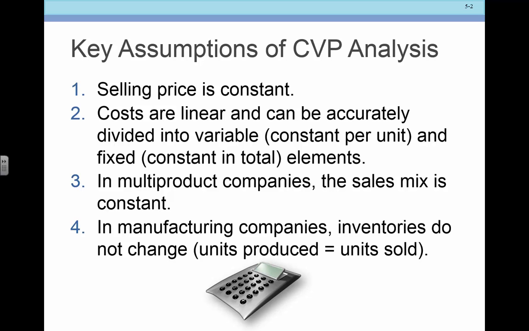How do variable costs behave again? They remain constant per unit and change in total based on number of units produced.